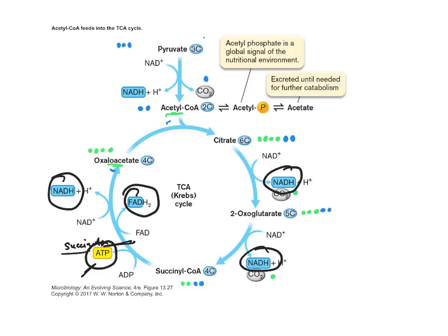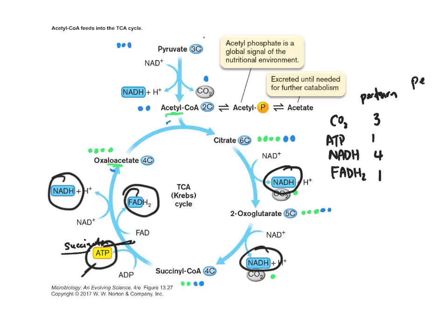So, general accounting: what you end up with in general, per turn, each time around, is 3 CO2, 1 ATP, 4 NADH, and 1 FADH2.